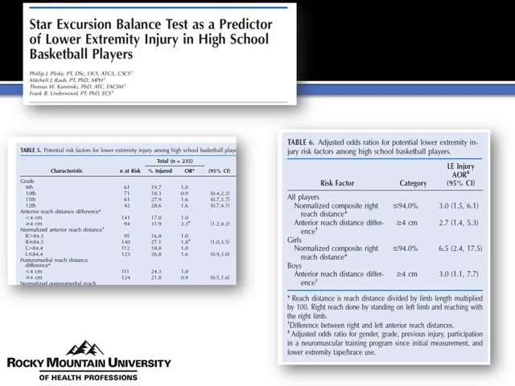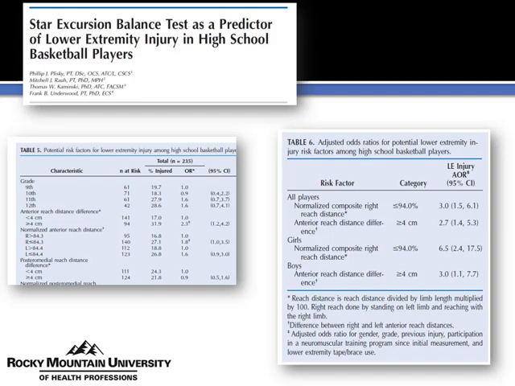I do want to highlight a Rocky Mountain University graduate early on in the history of Rocky Mountain University, his name was Phil Plisky. He got his Doctor of Science from Rocky Mountain University.